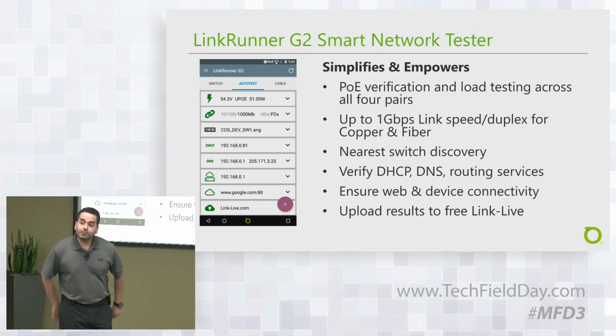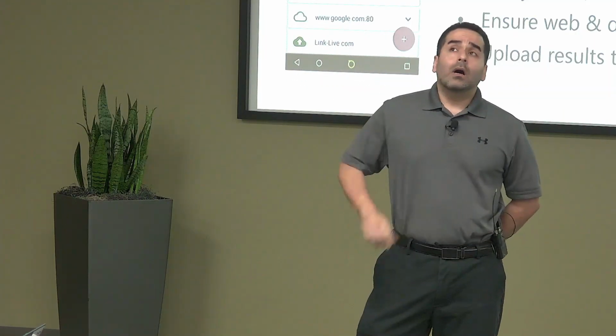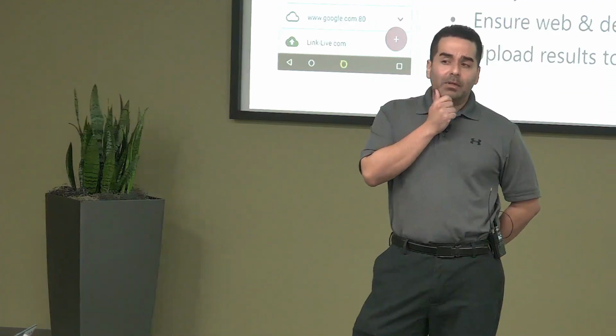Can this do mapping functions on the wire to give you distances and stuff? And then how about multi-gig testing capability? Multi-gig on the current version, no. As for the mapping, it depends on the app that you have.